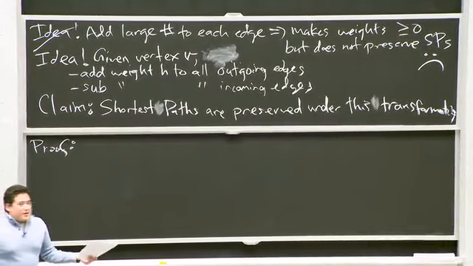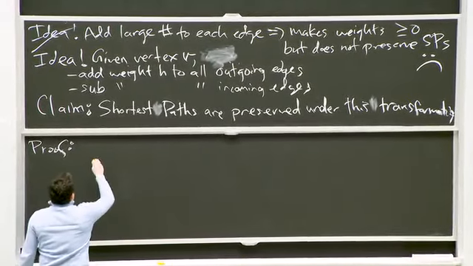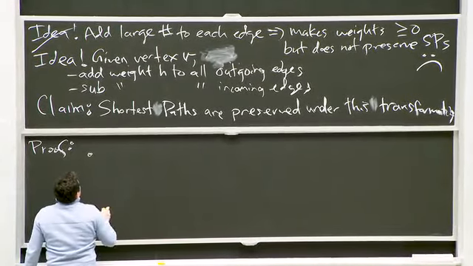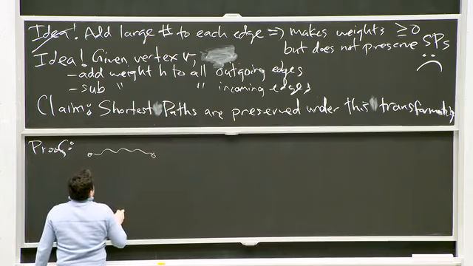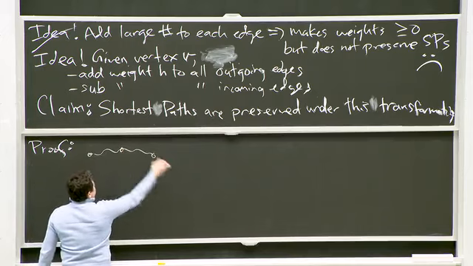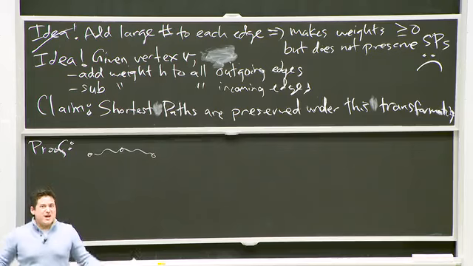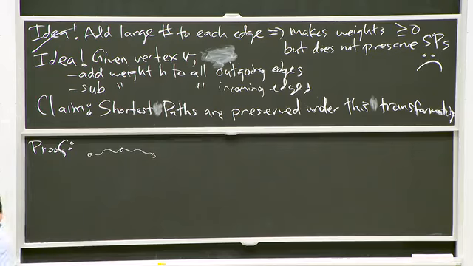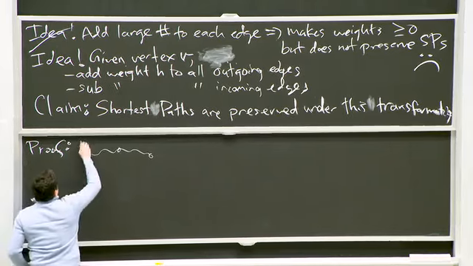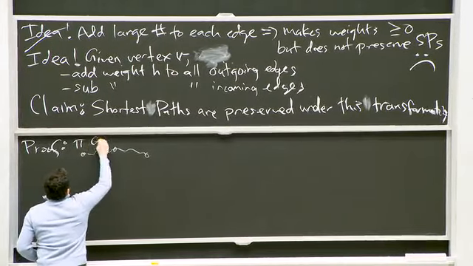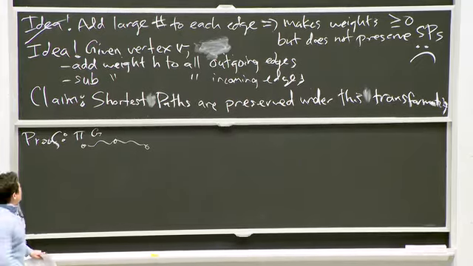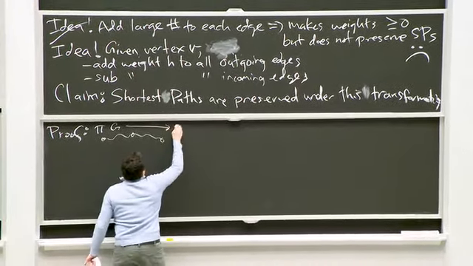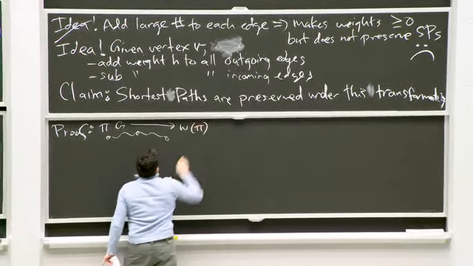Consider any path in my graph, right? Either the path could go through V many times, or it could go through V not at all. If I have a path in my original graph, G, with path weight W of pi, this is my path.